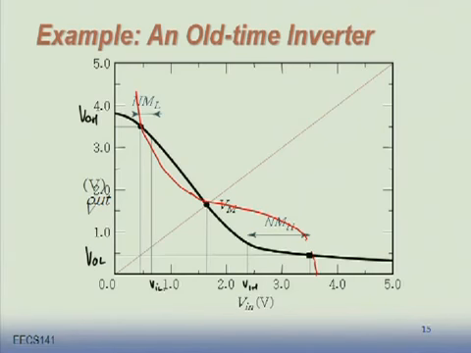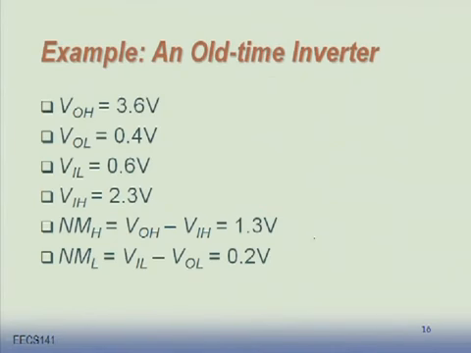The low noise margin is the difference between V input low and V output low. The noise margin high is the difference between V output high and V input high. And I can easily calculate those. So they are spelled out over here.